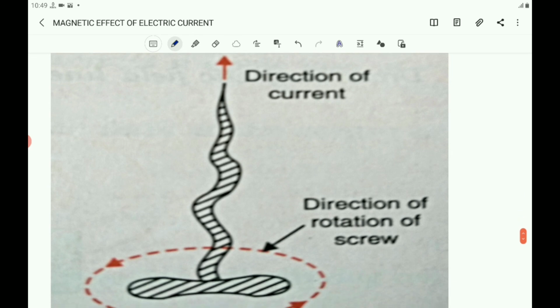See here, it is a corkscrew. It is the direction of the current. And the direction of the rotation of the screw shows the direction of the magnetic field.